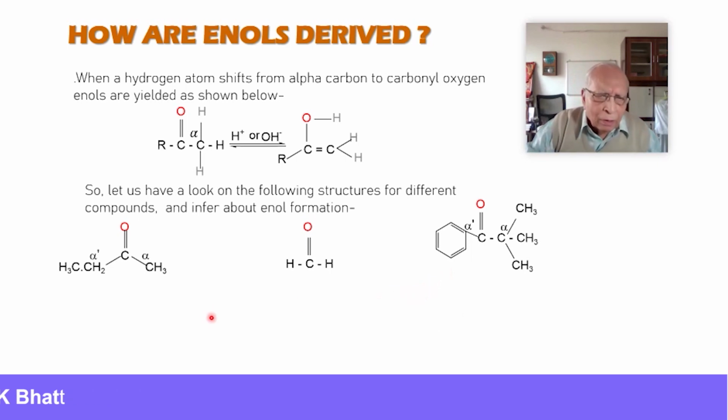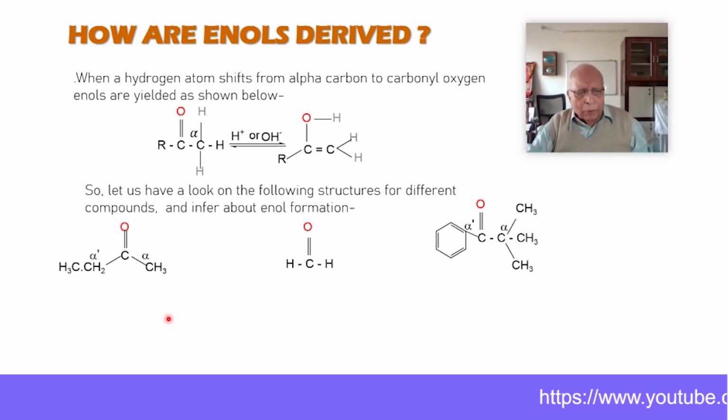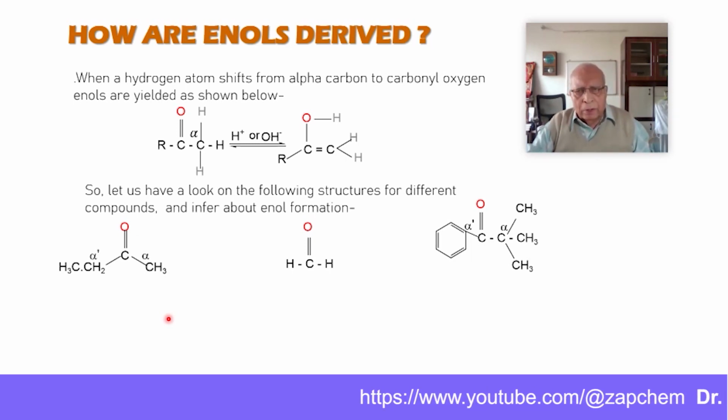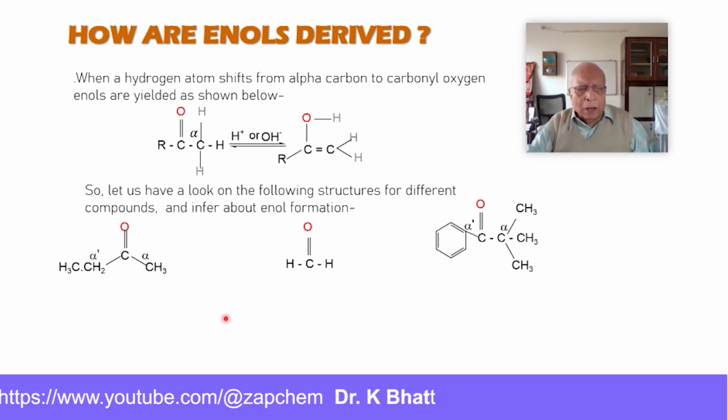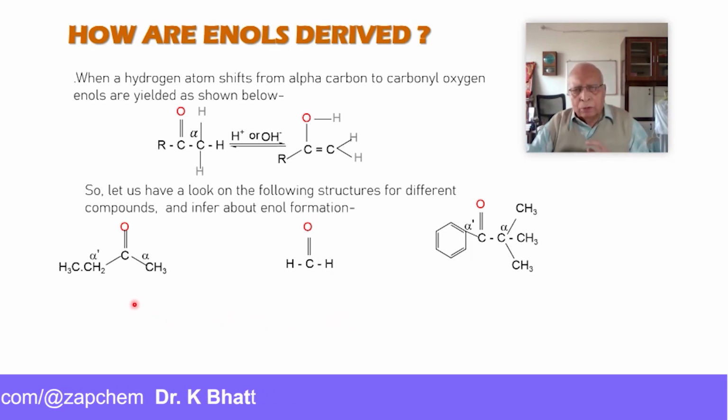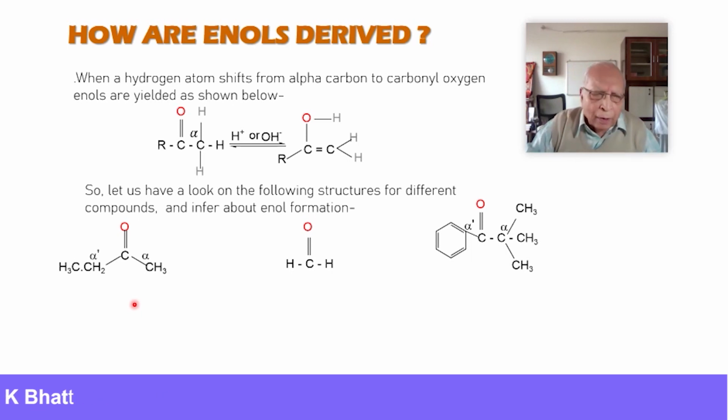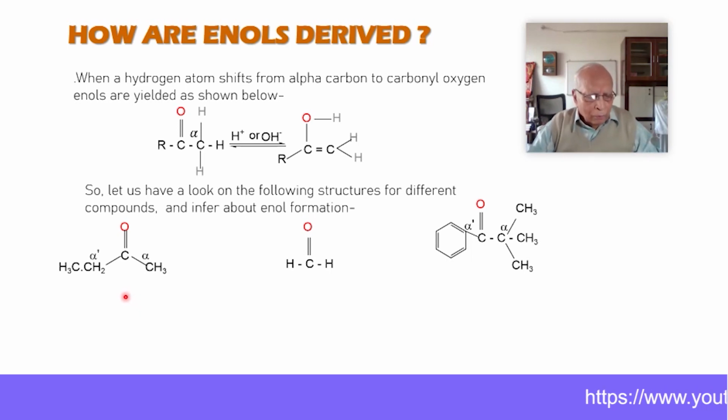We have to make out which one will form enol, or whether all three will form enol. Mind it, the basic condition is that it must have an alpha carbon atom, and that carbon atom should be attached to hydrogen, that is, it should have alpha hydrogen. So let us see which of them can form enol.